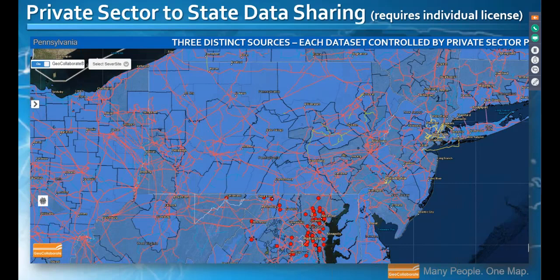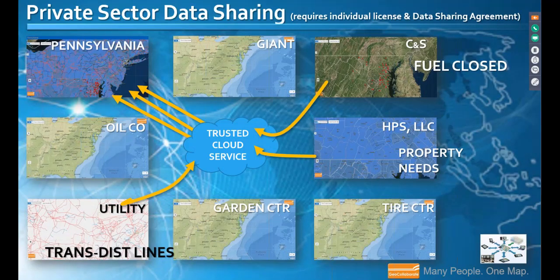So Dave, go back to that previous screen for just a second. Yeah, so in this example, everybody would have their own license. I think you have a footnote in the title, right? Requires individual license and a data sharing agreement. The data sharing agreement that CNS, for example, they will control who can use their data or see their data or not, right?